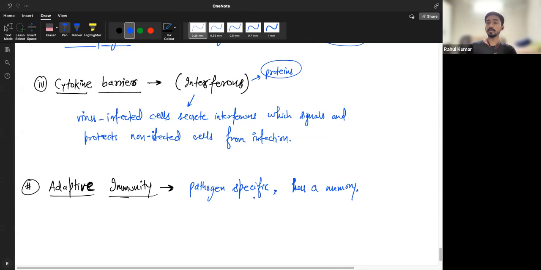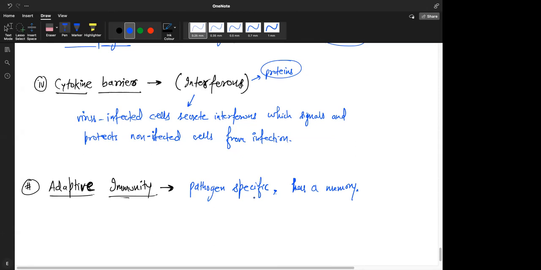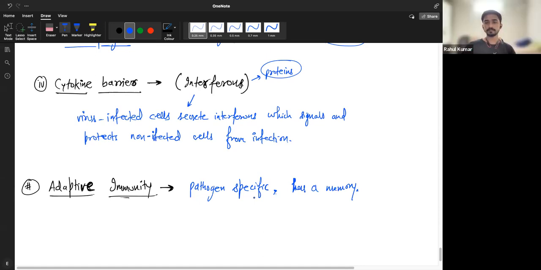Similarly, how will you say that an immune system has a memory against a pathogen? What are the signs that you will look for? It reacts more vigorously this time. Faster and vigorous, right? Yes, sir. If the immune response is the same every time, then it's probably not learning, right?